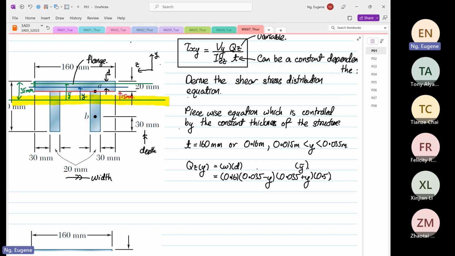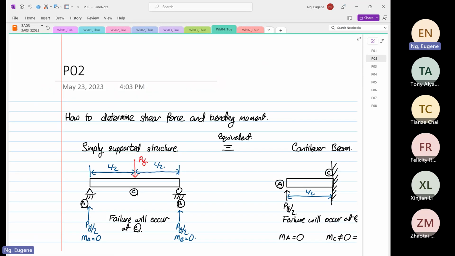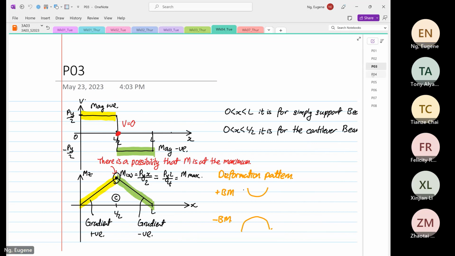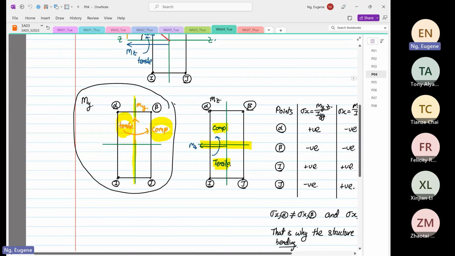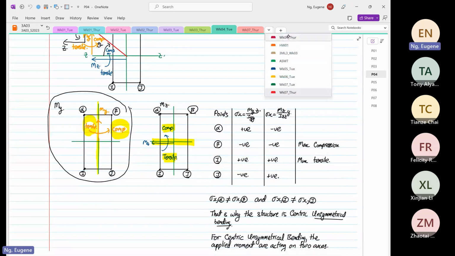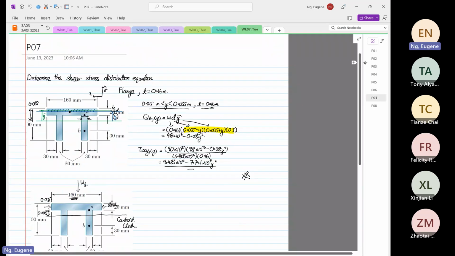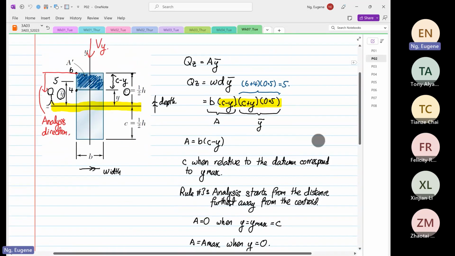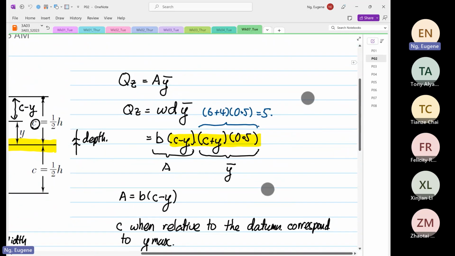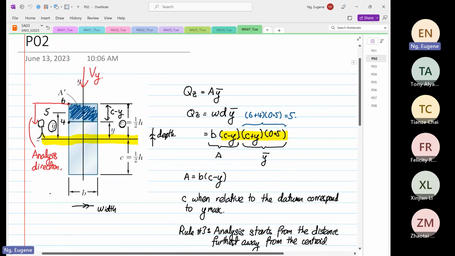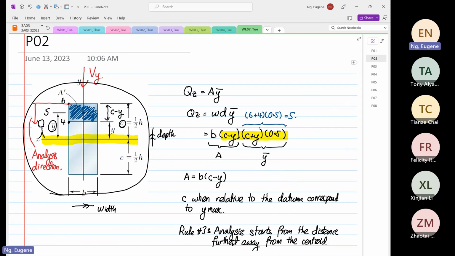And why is that? Why is the y bar 0.035 plus y multiplied by half? If you look at Tuesday's notes, we did derive this. So it's over here, as you can see, with this structure the y bar is c plus y multiplied by 0.5.